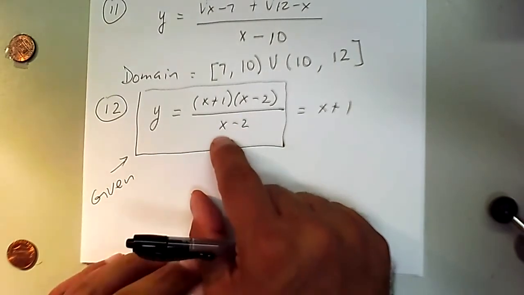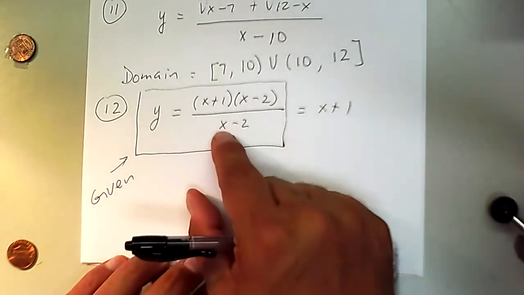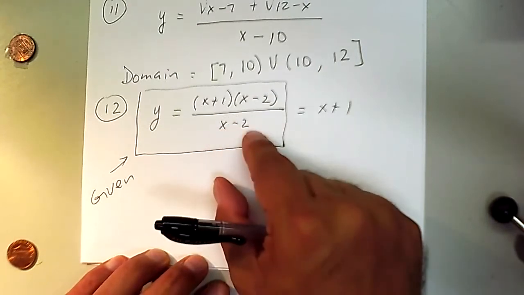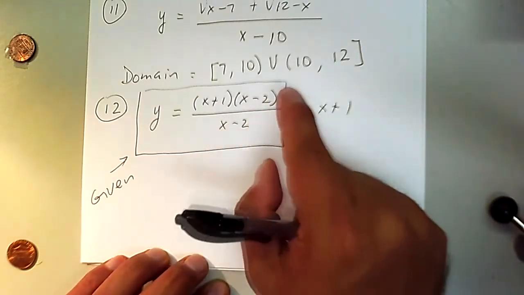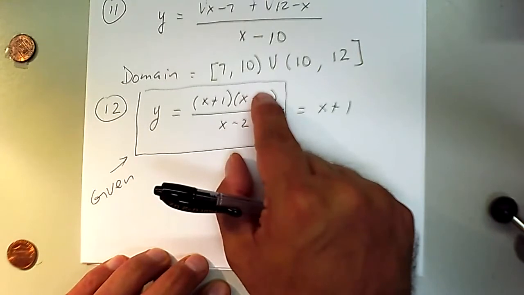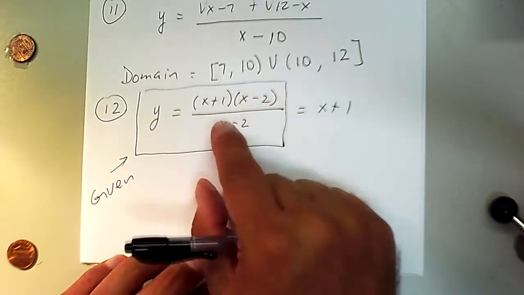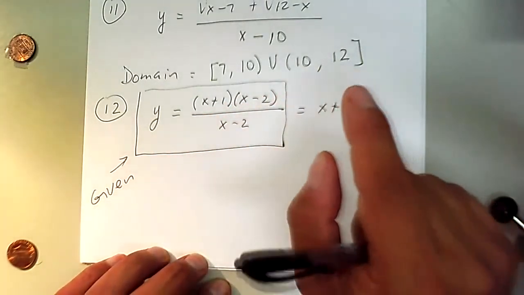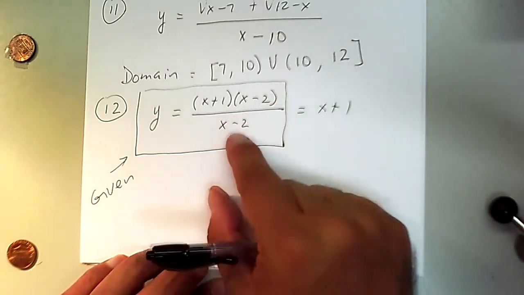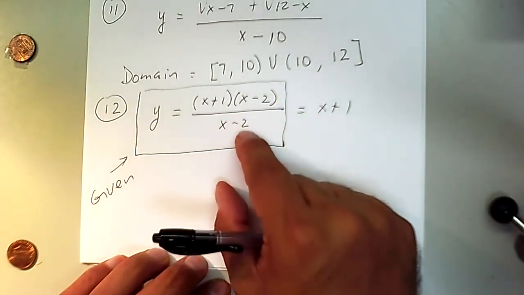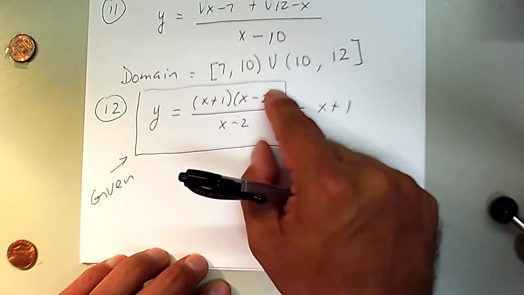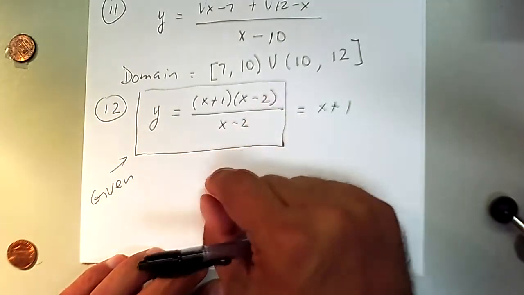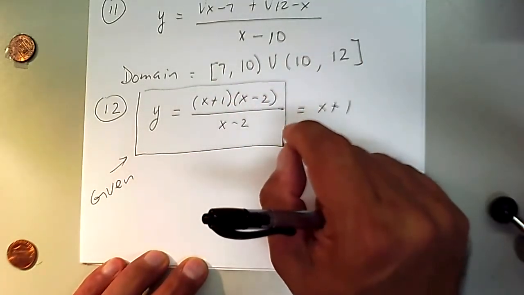If we were to put a 2 here, we would divide by 0, and under no circumstances whatsoever may we divide by 0. It's prohibited. Even if there's another 0 in the numerator, somebody may think we can get around it, no, we cannot do that.